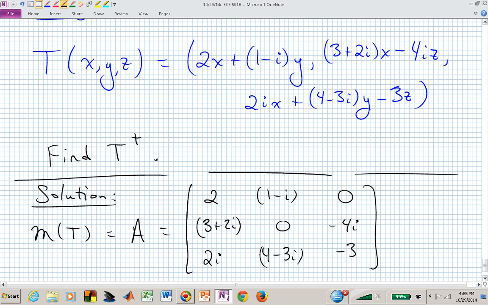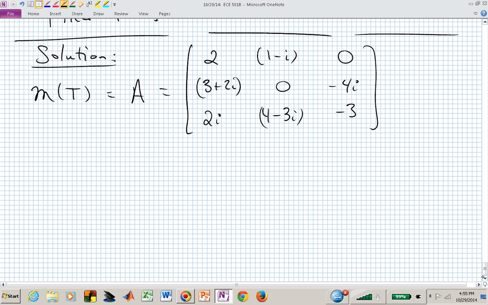Is that okay? Now we can find the matrix representation of T dagger, which is simply the conjugate transpose of A. I'll do the hard part.